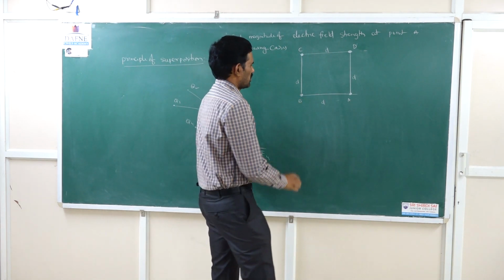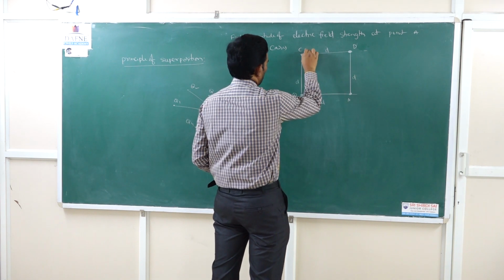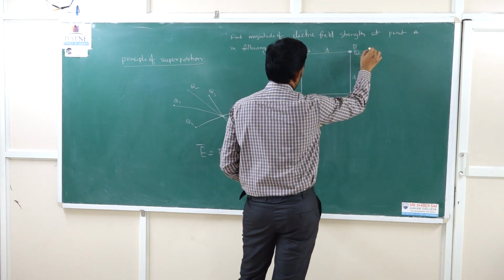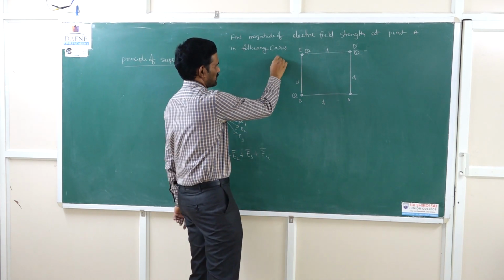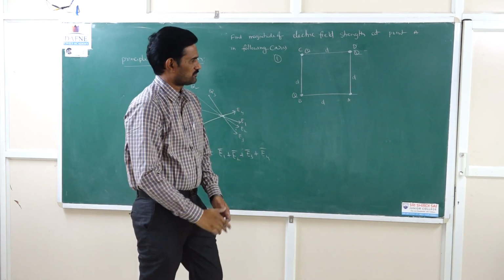Now here there are three charges: here it is Q, here also it is Q, and here another Q is there. Now the first question, this one, I will explain, and the remaining you can solve.